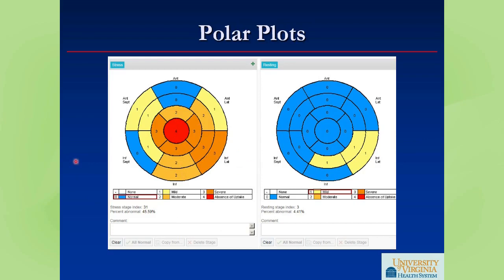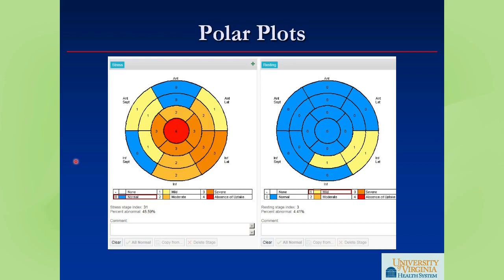I'm sorry, I wanted to show polar plots, and this does not actually correspond to the case we were just looking at. I was looking over at the left, and I said, wow, there was a lot more perfusion defect than I thought. But the point is that when you are looking at a report, let's say you're a busy provider and you've gotten this report, you can very quickly see that this patient is severely abnormal and you need to spend a fair amount of time looking at this report.